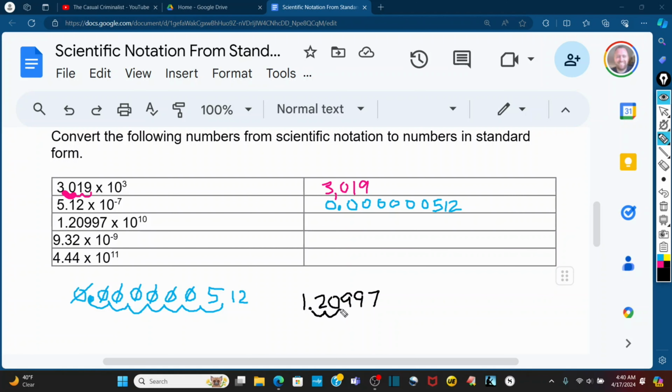So we go 1, 2, 3, 4, 5, 6, 7, 8, 9, 10, and add our zeros. So we get 1 billion. No, that's not right. Sorry, 12 billion, 99 million, and 700,000.